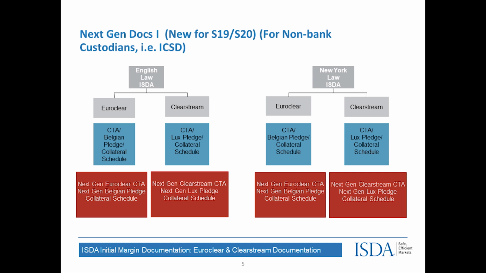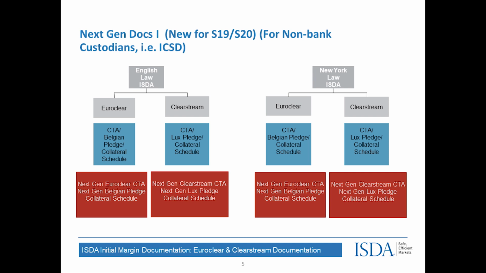And then in that same fact pattern of an English law ISDA, if you were using Clearstream with the phase 1 docs, if you move slightly to the right, you can see it's basically the same. It would be an English Clearstream CTA, a Luxembourg pledge this time, and Clearstream's form of eligible collateral schedule. And then if you jump to the right-hand side, that shows what you would do if you had a New York ISDA.